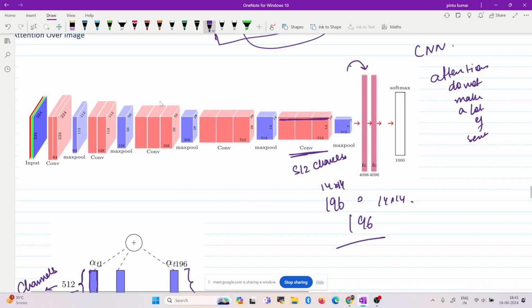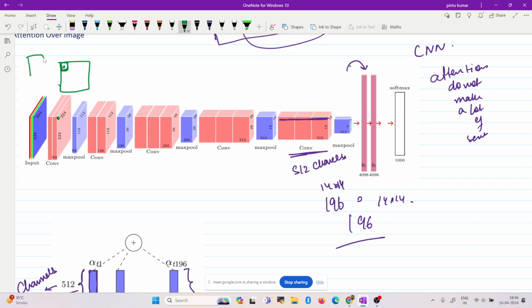Now the intuition behind this is, try to imagine how your CNN works. Let's say this was 224 cross 224, and this is your image. When you start from here, you will look at a window around it. So this point over here not only represents a particular pixel in the image, but it represents the quality of this particular portion in the image.